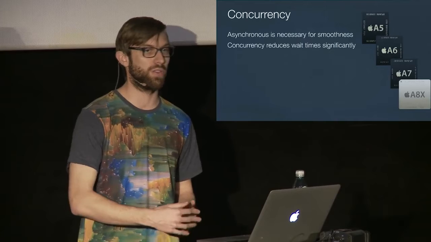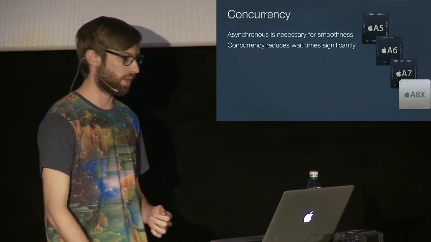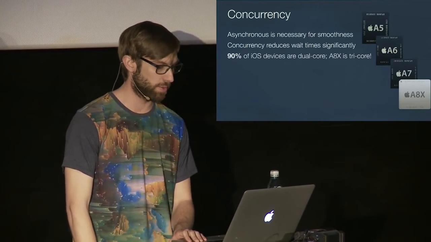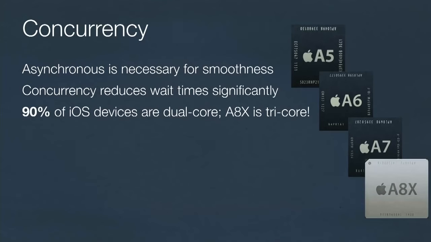So if you're doing all of your rendering there, it's going to take longer than it actually has to. 90% of iOS devices are multi-core today, and the iPad Air 2 is actually a triple-core device, and this will keep growing over time.